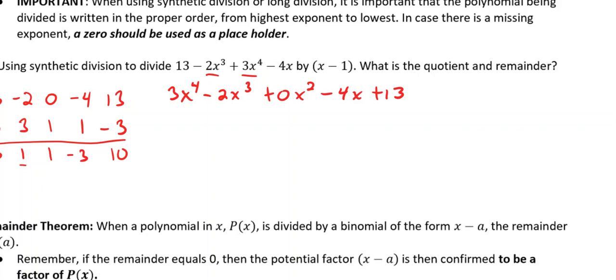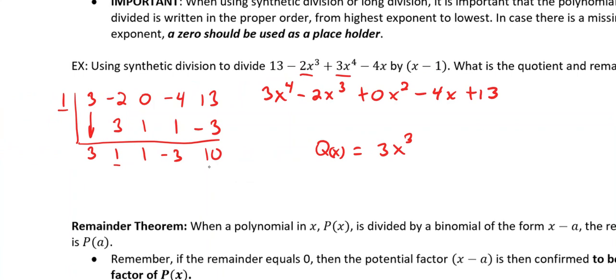So we can say that the quotient here, q of x, would be 3x cubed. So here, let's do that too. This was our remainder. This was our constant term. This was our x term, our x squared term, and our x to the 3 term, right?